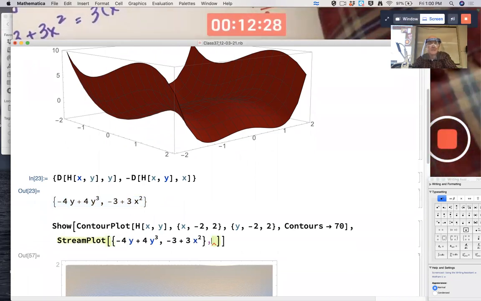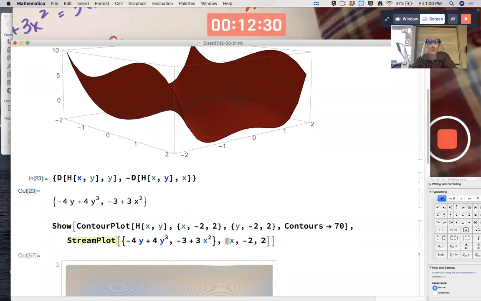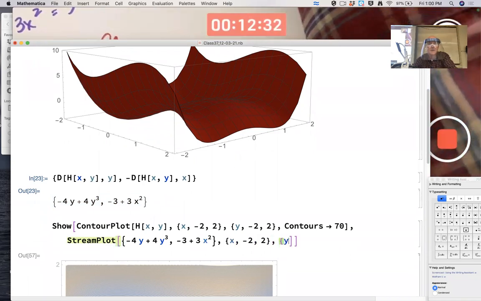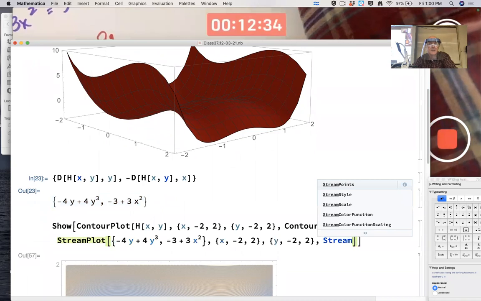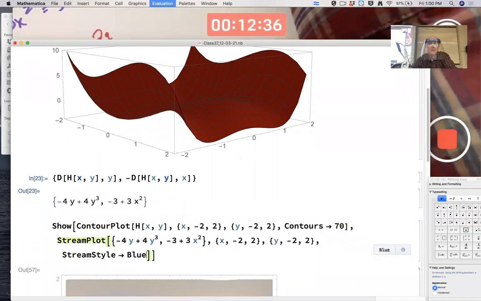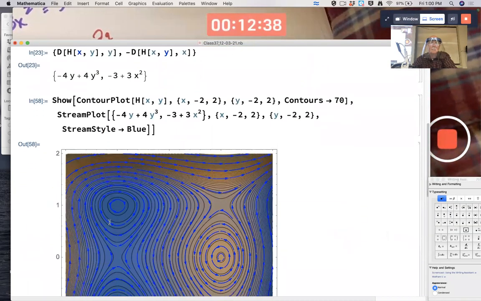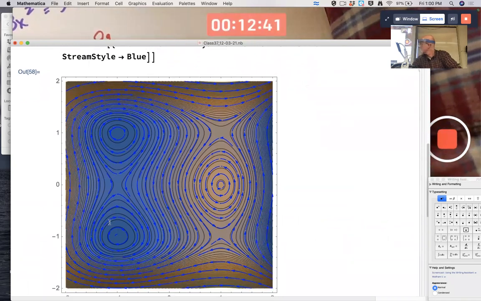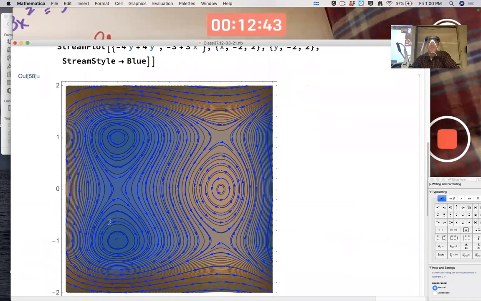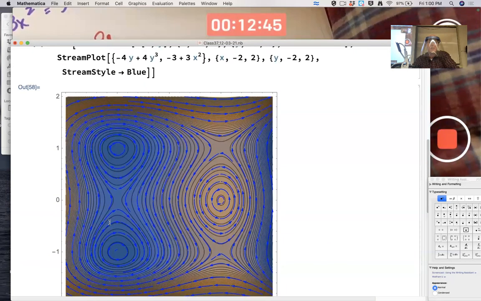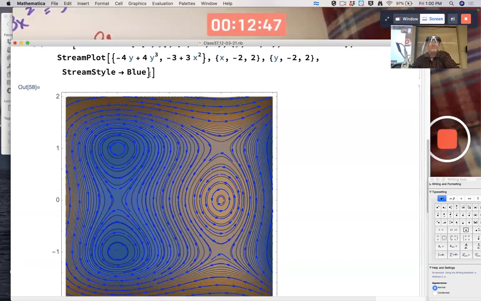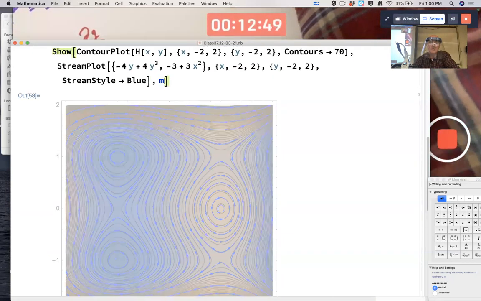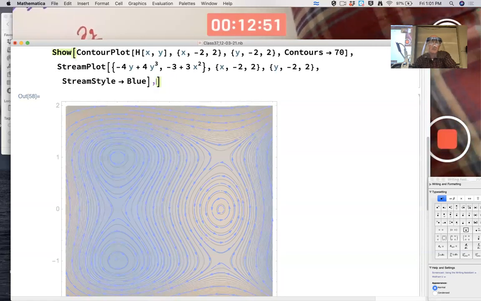Copy and paste that in here. And there they are. You can plot the equilibrium points as well. This plot is one way to do that.